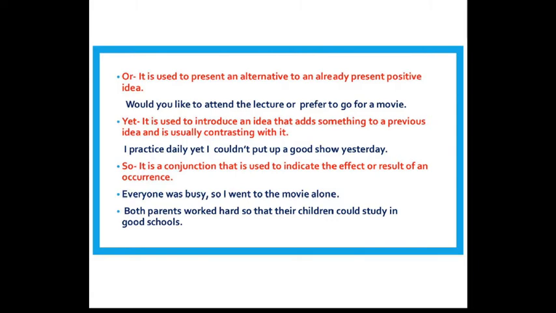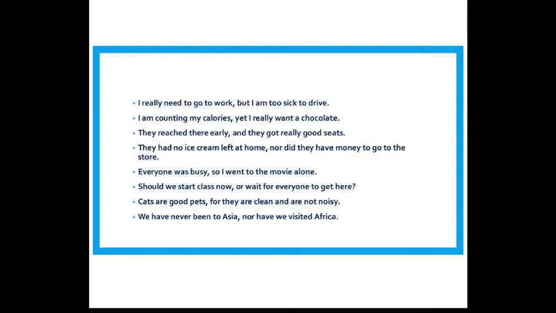Here is also the example of so. It is a conjunction used to indicate the effect or result of an occurrence. Everyone was busy, so I went to the movie alone. Both parents work hard so that their children could study in good schools. There are a lot of examples; you can find many. You can also exercise yourself.